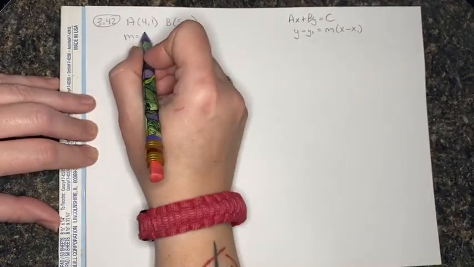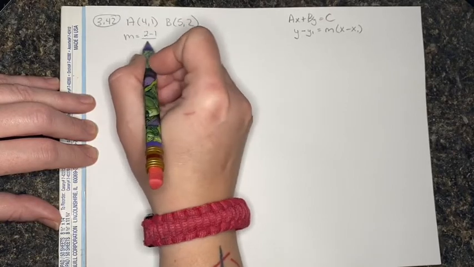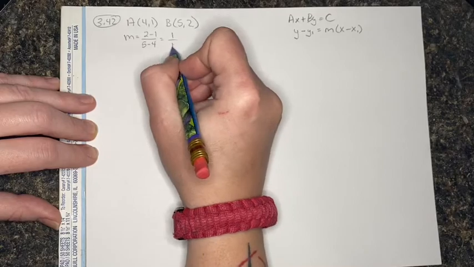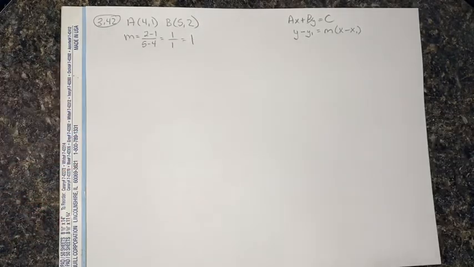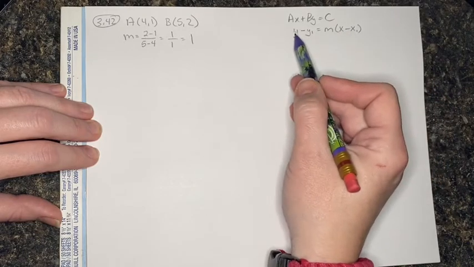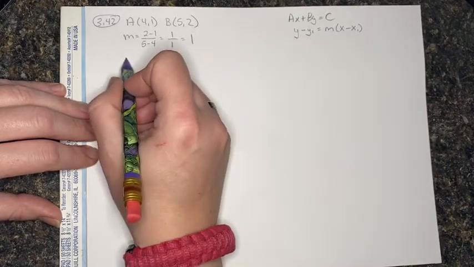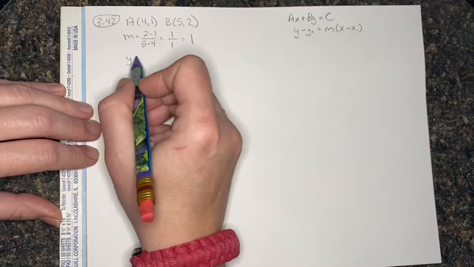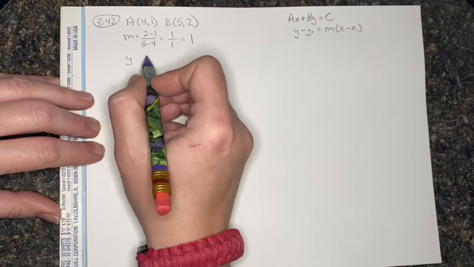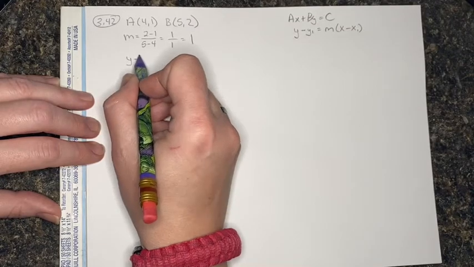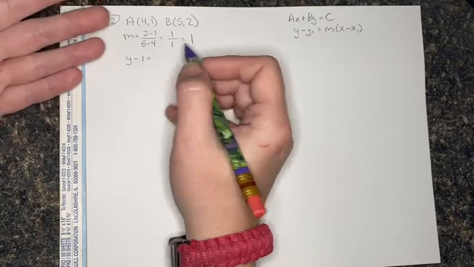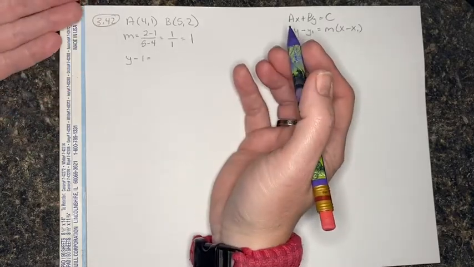Okay, and our slope is going to be 2 minus 1 over 5 minus 4. 2 minus 1 is 1, 5 minus 4 is 1. Our slope is 1. Yay! Okay, now we can plug it into our slope formula equation, and it tells us that y, let's see, which one did I use here? I used A. Okay, so y minus 1 is going to be equal to, I'm not even going to write my 1 because we all know that 1 times anything is that thing.